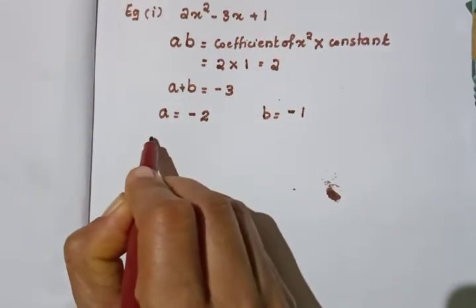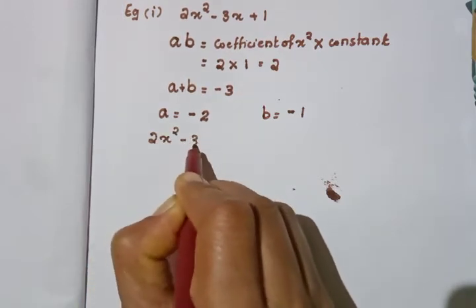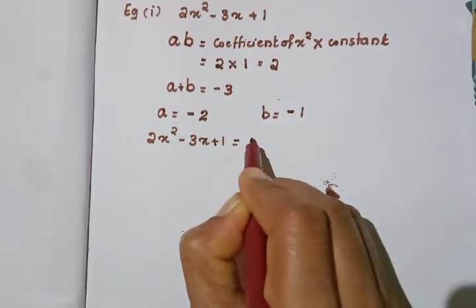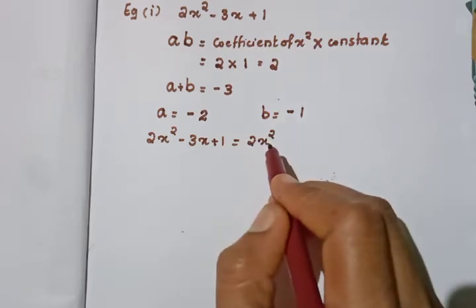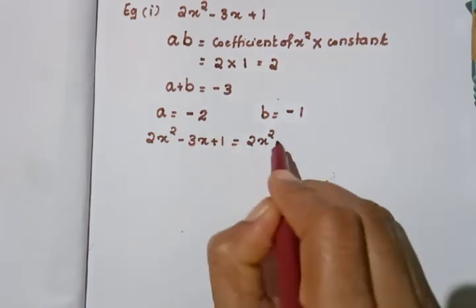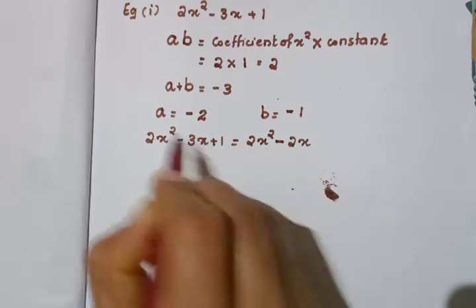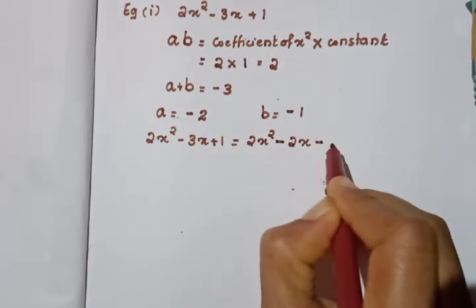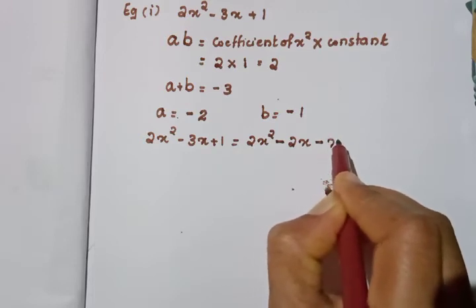Now we are splitting our given polynomial 2x square minus 3x plus 1. Listen how we will split. The method we call splitting the middle term, correct? So what is the middle term here? Negative 3x. Negative 3x we will split as negative 2x, that is a, and the next term is b, negative 1x, so instead of negative 1x I take negative x.